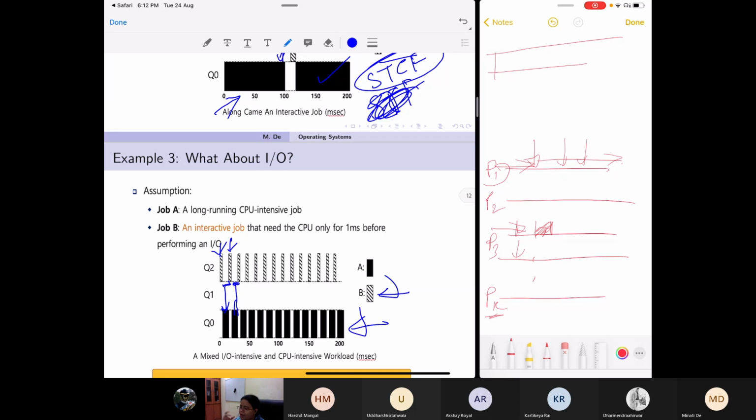So the scheduler now knows that this job is ready and needs to be scheduled, and we know it was in the highest priority queue. We should not continue with job A; we should give the chance to job B. Does it answer your question?